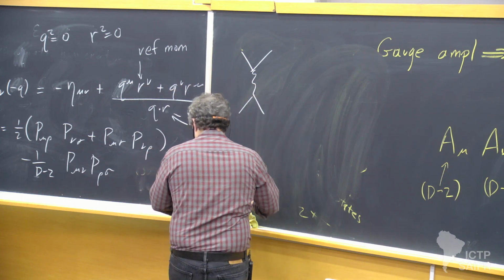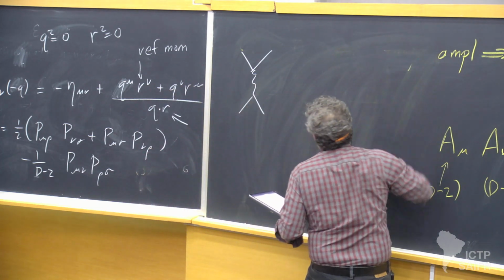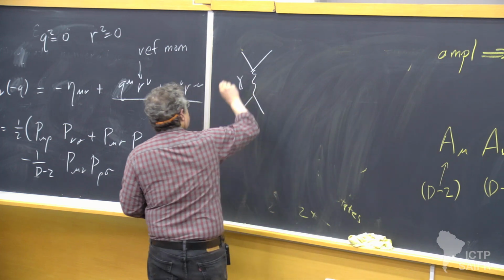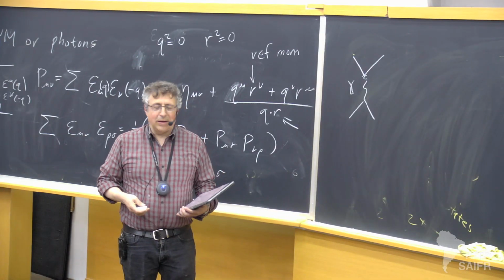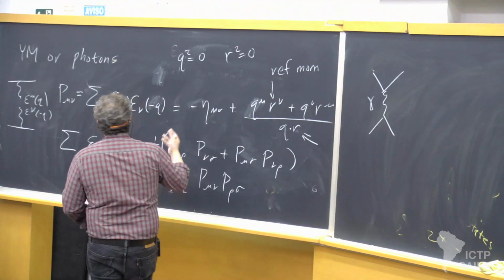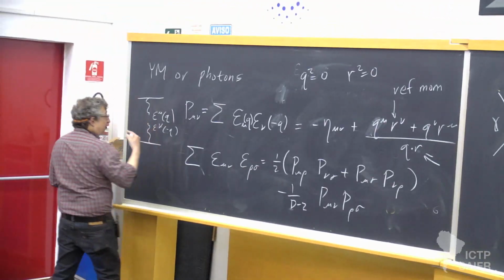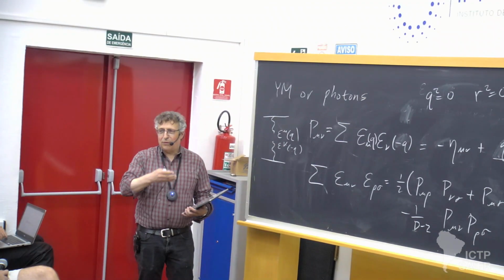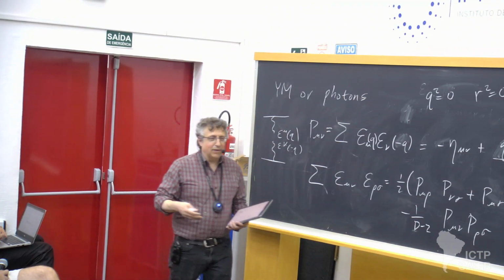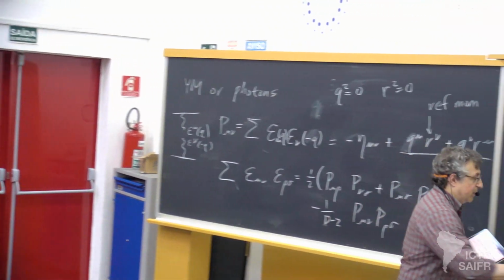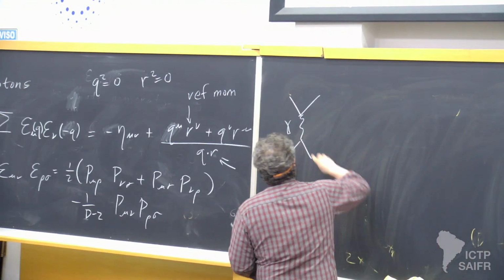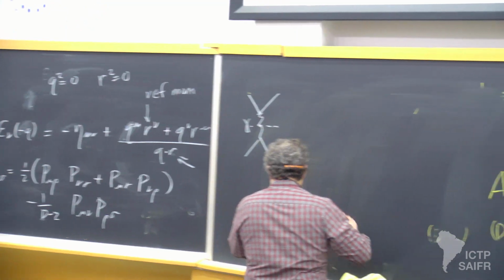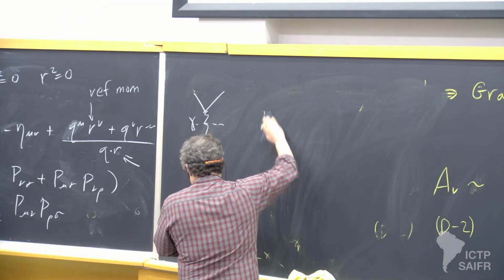Let's look at a photon. Make this a photon, just to simplify. The arguments will all be the same because the graviton vertex will be two copies of the photon. If I show it to you for the photon, I've shown how things work for the graviton. So let's follow the instructions.